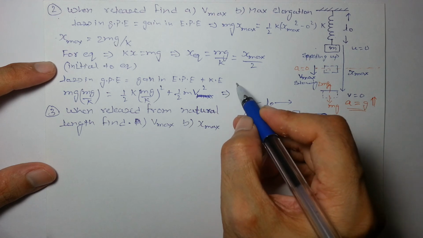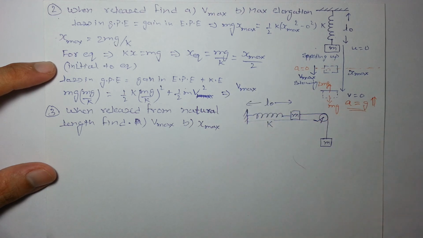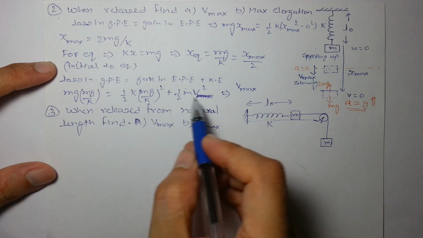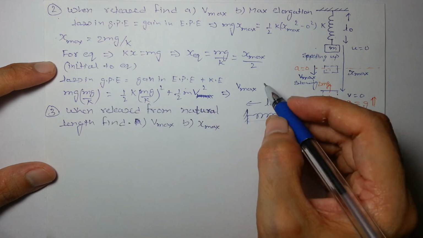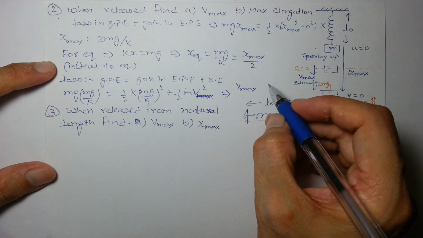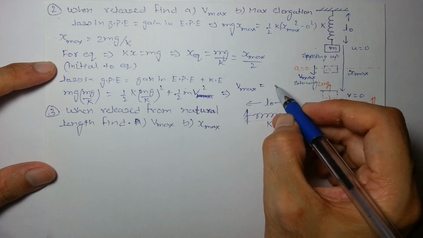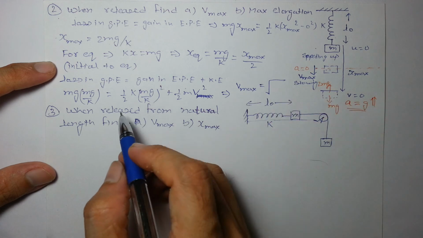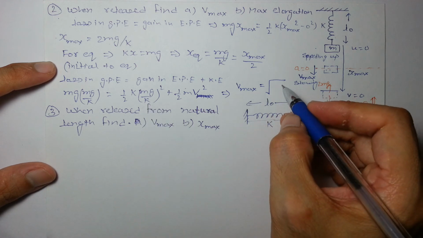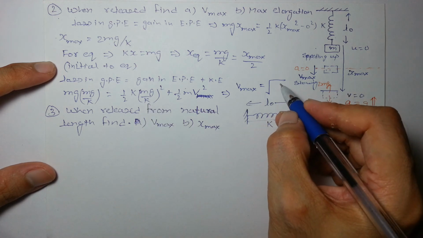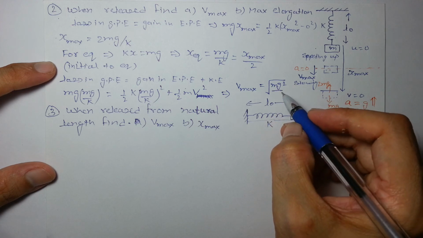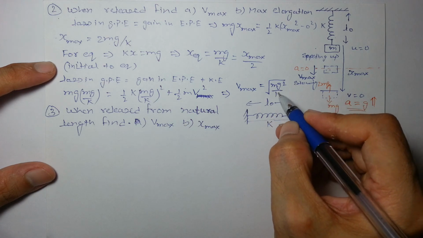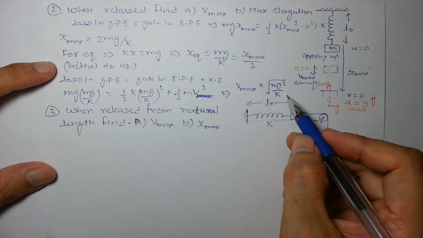From this equation I can easily get Vmax as, just calculate, half will cancel, m will cancel, under root, g square m square... mg square by k. This is the Vmax.